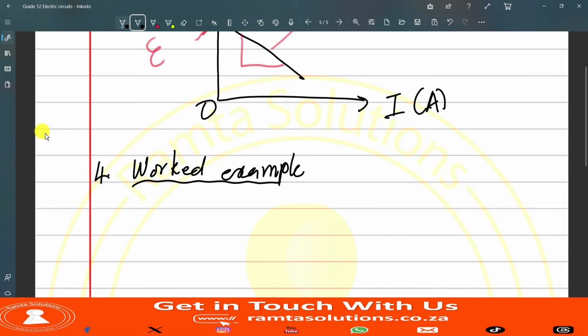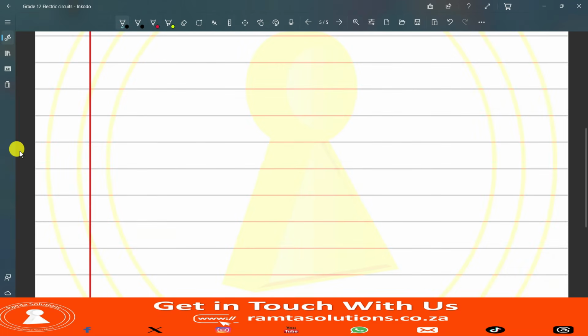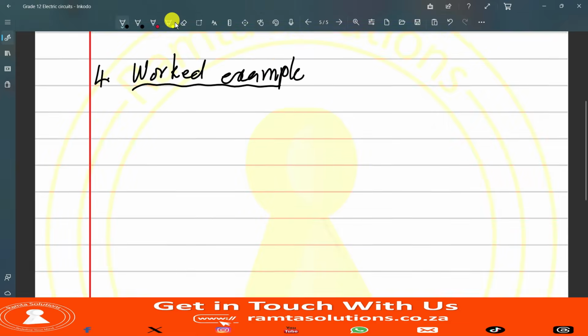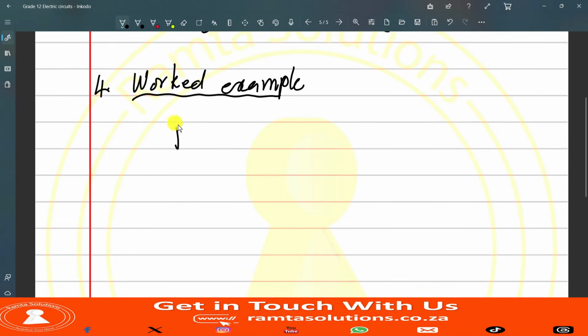So we're going to draw a circuit, and the information will be given.